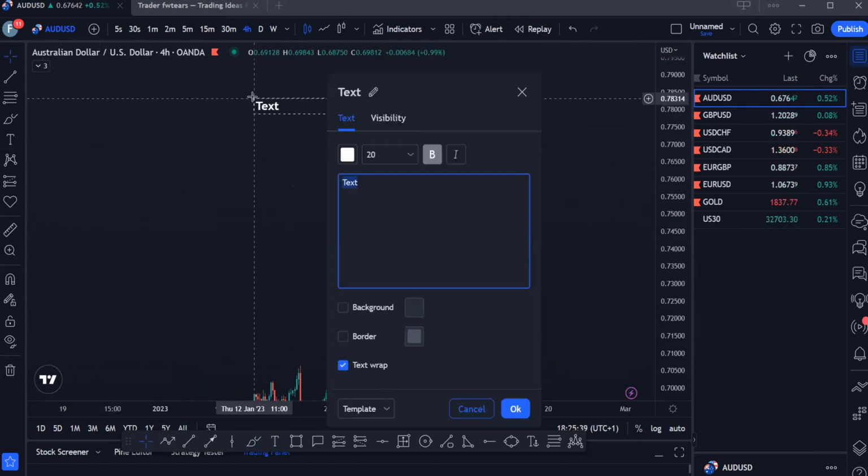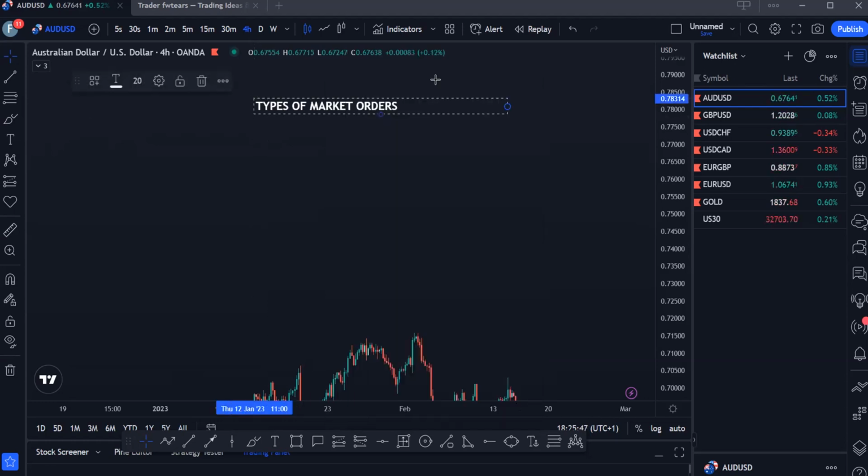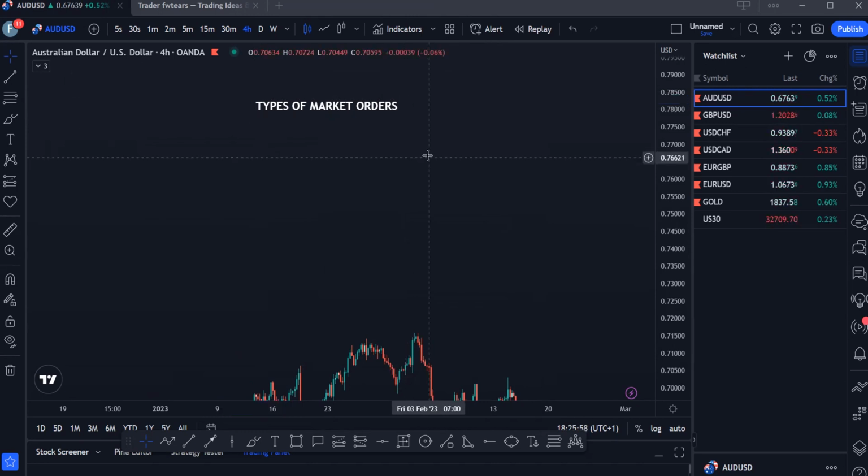Let's talk about types of market orders. When we are trading in the Forex market, remember, we perform two actions: either we are buying or we are selling.